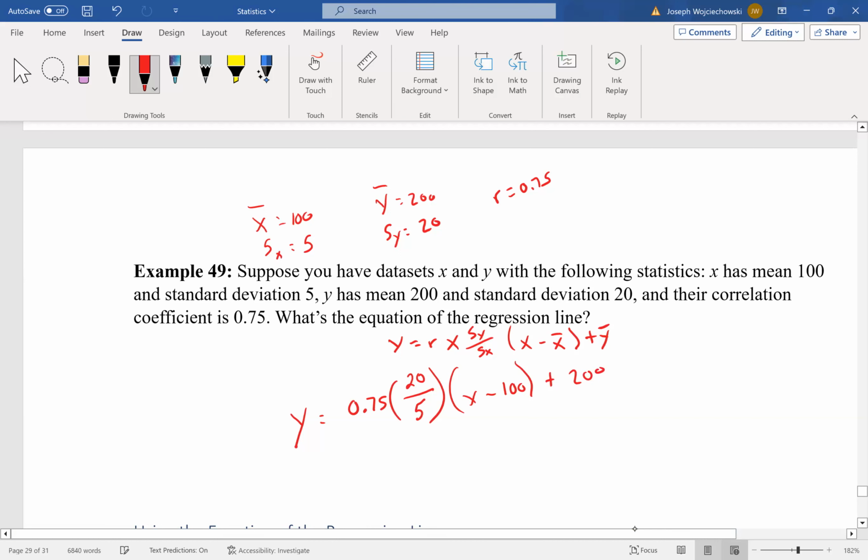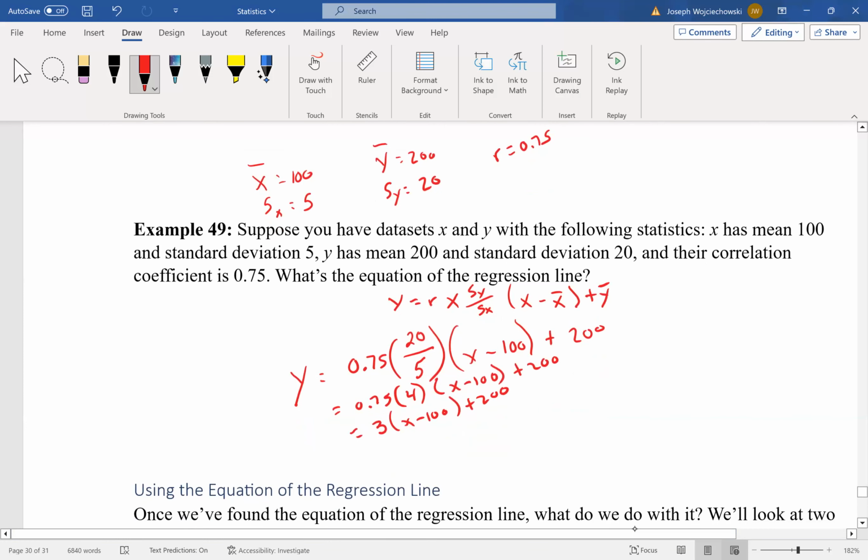So we'll do a little PEMDAS here. We get 0.75 times 20 divided by 5, which is 4, times x minus 100, plus 200. 0.75 times 4 is 3, times x minus 100 plus 200.